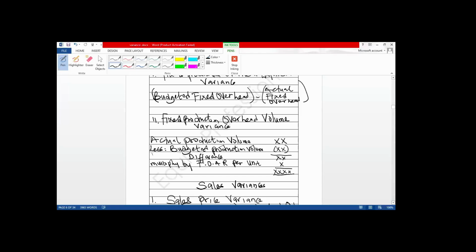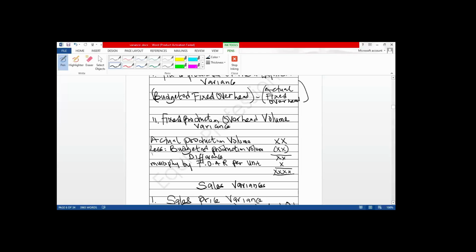When we say cost of a product, the cost of a product will include material cost, labor cost, variable cost, fixed cost.